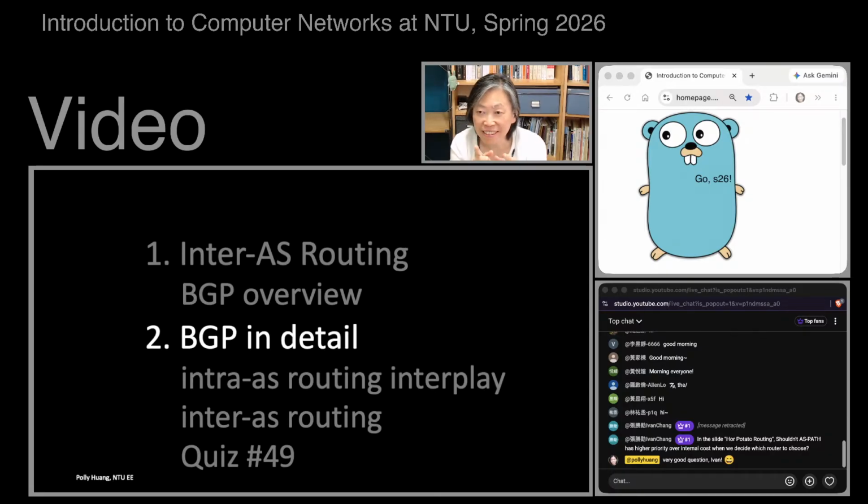And those who paid attention to the video, Polly said that, hey, the first criterion is local preference, the second criterion is AS path, and then the next hop. And that's what Ivan was asking. So good bridge there, Ivan. You know what? Nowadays, as Polly mentioned also yesterday, with two AS domains versus one AS domain, which route really is shorter?